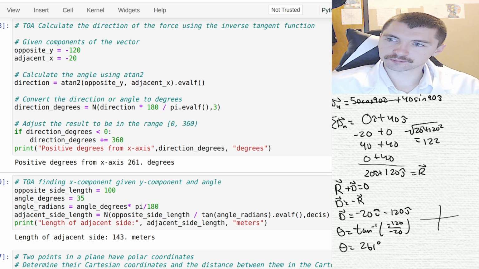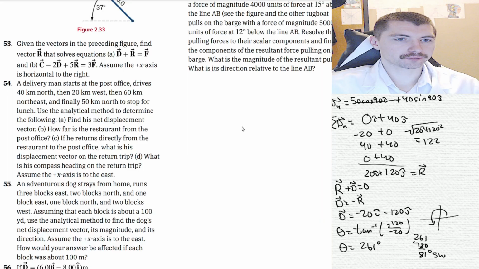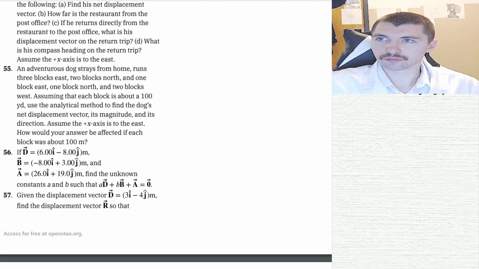So 261. So that's 81 south of west. Okay.